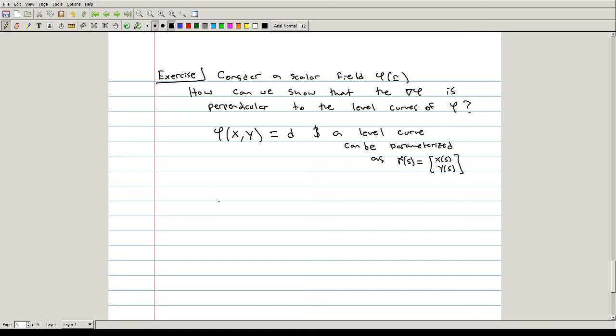So on this level curve, phi of x of s, comma y of s, is going to be equal to the constant value d.